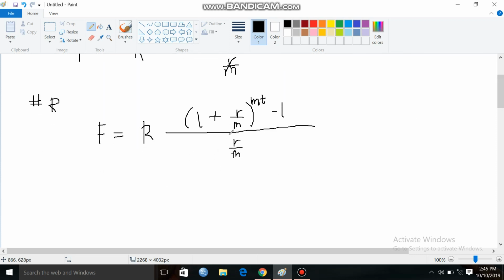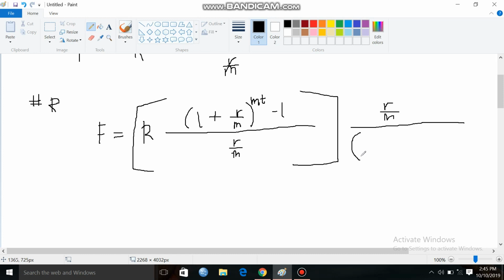Since R is multiplied by this expression, we can use division to cancel out this expression. So we multiply both sides of the equation by the reverse of this: r over m over 1 plus r over m, raised to mt, minus 1.